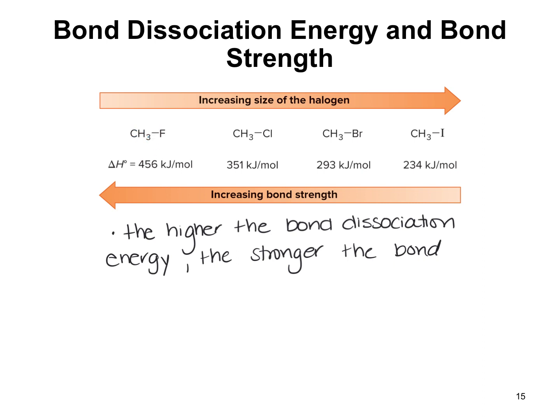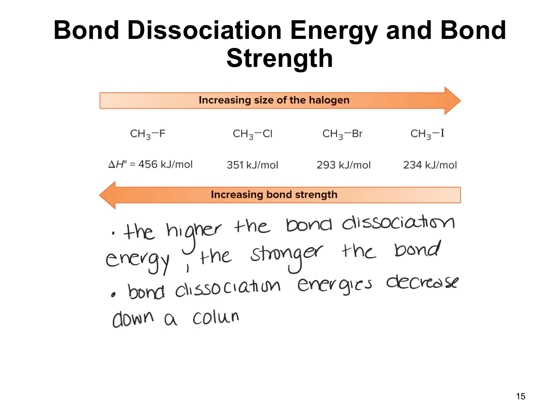Okay. Now, there's a trend here, and the trend that we have is that bond dissociation energies decrease down a column of the periodic table as atom size increases.